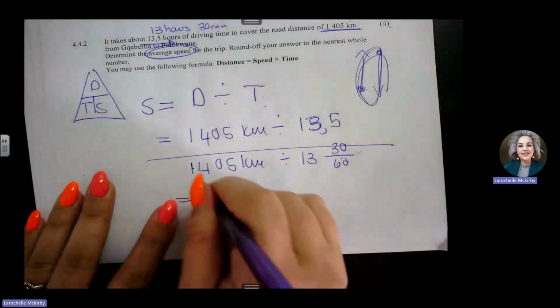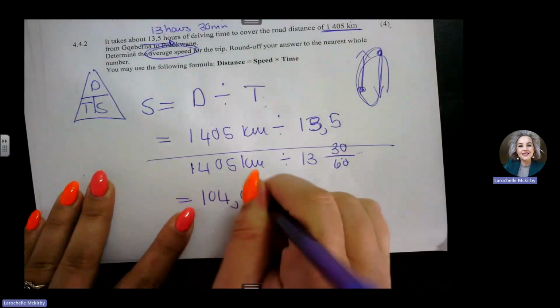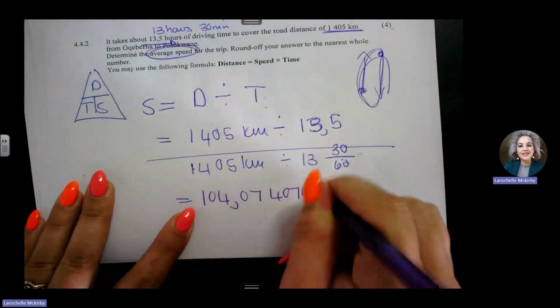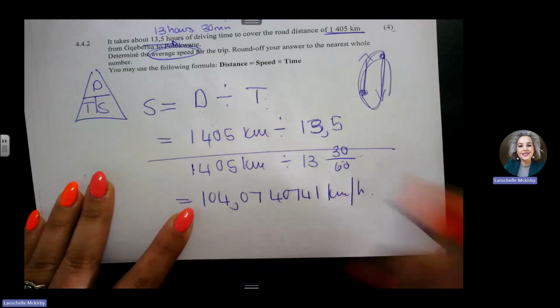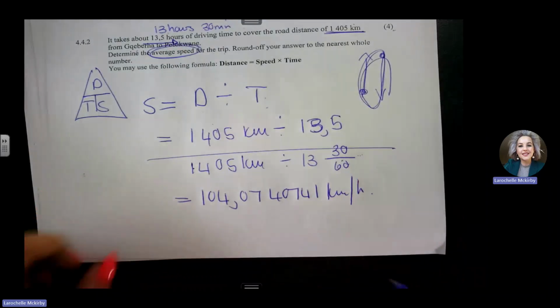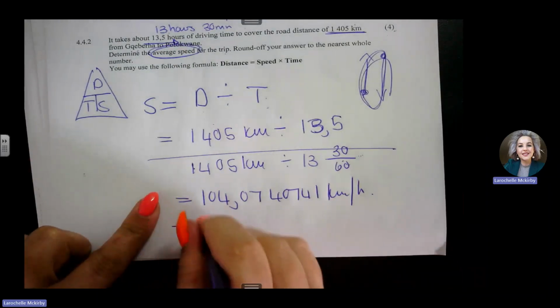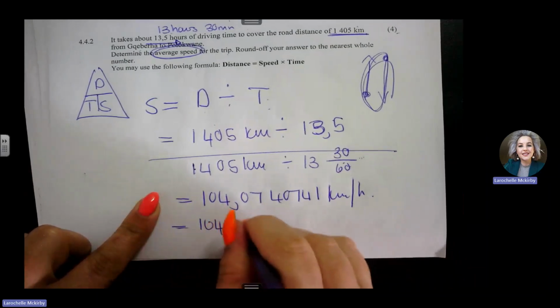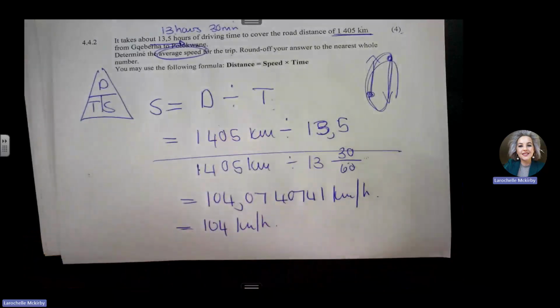The answer here is 104.0740741 kilometers per hour. They are asking me to round it off to the nearest whole number, meaning that will be 104 kilometers per hour average traveling speed for their travels to or from Gqeberha to Polokwane.